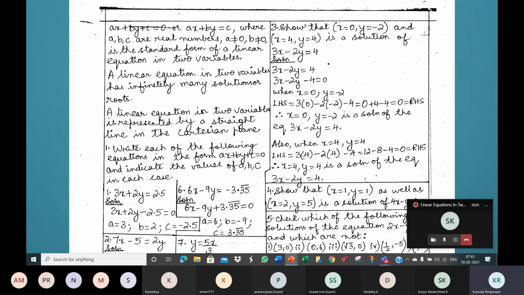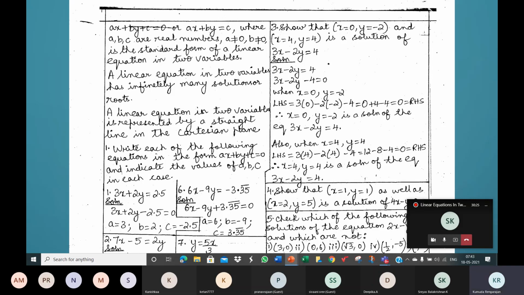Now generalizing this, we say ax plus by plus c is equal to 0 is the standard form of a linear equation in two variables x and y. Ax, because it can be 3x, it can be 4x, it can be minus 7 by 5x.